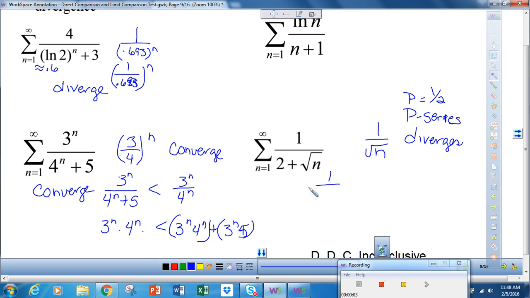So I have to say 1 over 2 plus radical n is greater than 1 over radical n. So I get radical n is greater than 2 plus radical n. Now, is that a true statement? Well, that's not a true statement.